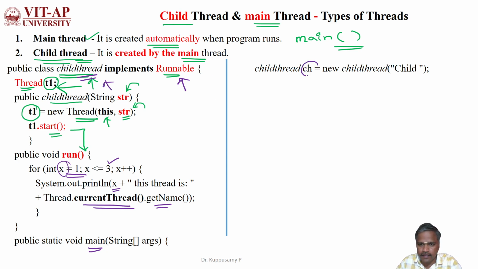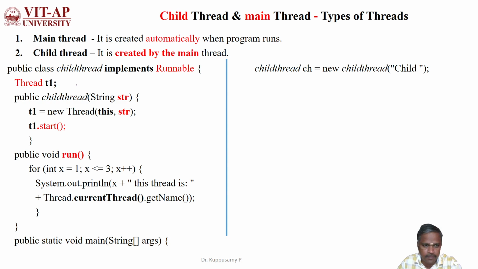Here I'm creating a thread ch, which is calling the constructor. This is the object variable, created by using ChildThread. ChildThread has the capability of the thread concept by implementing the Runnable interface, so it is also a thread, which is carrying the name child.